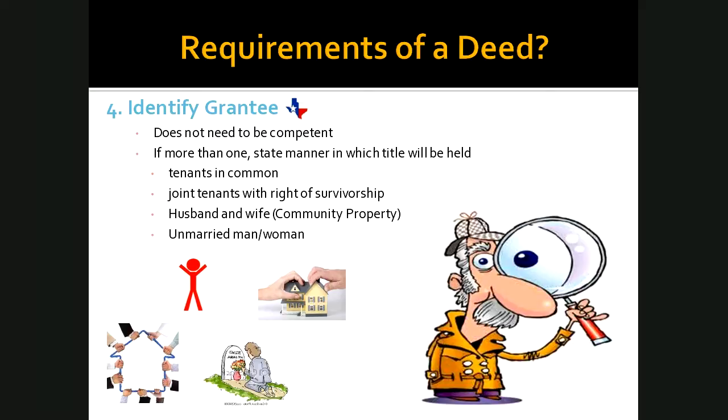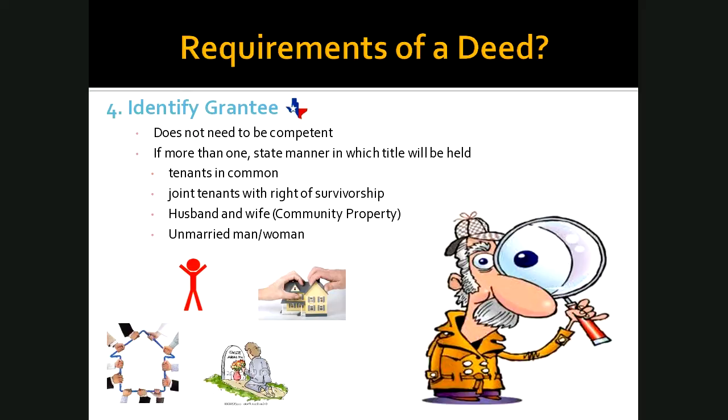So something important is, if you have shared ownership, which we talked about in chapter 2, and even if you have individual ownership, you want to state the manner in which title will be held. So tenants in common, joint tenants with right of survivorship, husband and wife.